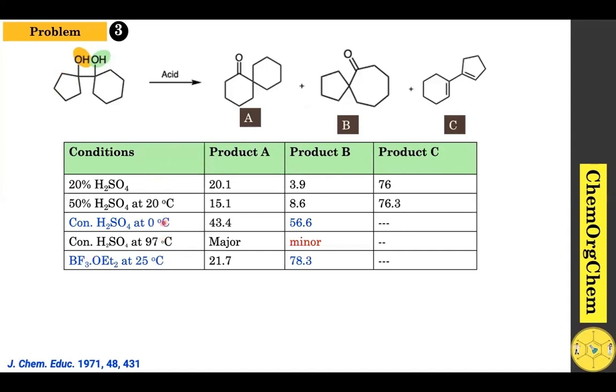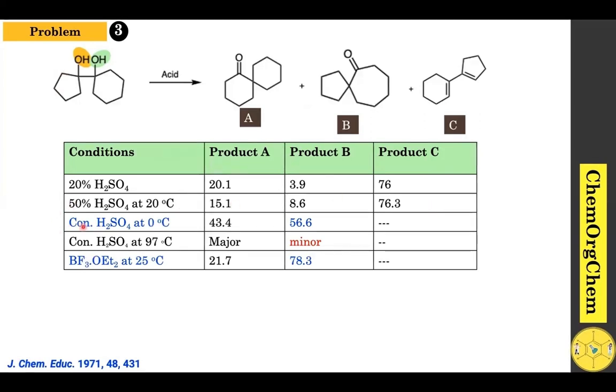So here I tabulated some of the acidic conditions. For example, when you use 20% sulfuric acid, product C is the major product in this case. Similarly, when you use 50% sulfuric acid at 20 degrees Celsius, again product C is the major product.